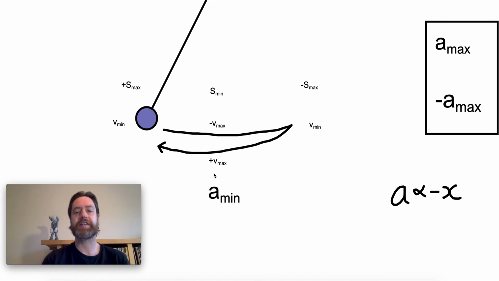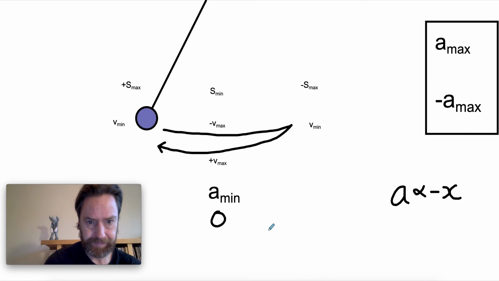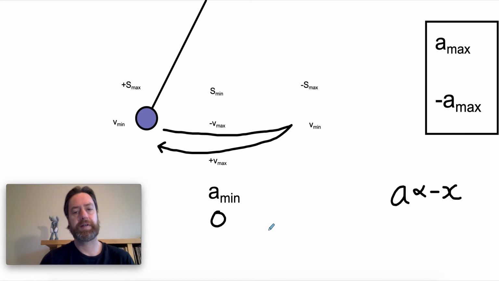So the acceleration is at a minimum, or probably better to say 0, at the equilibrium position. As you move away from the equilibrium position, the returning or restoring force gets bigger, and because of Newton's second law, the acceleration gets bigger.